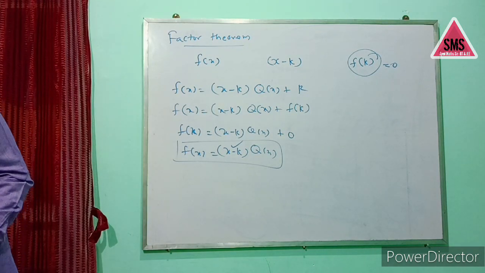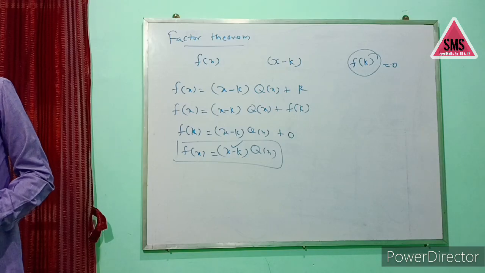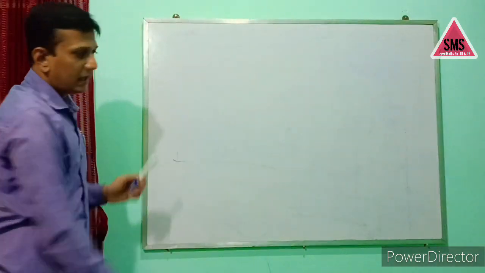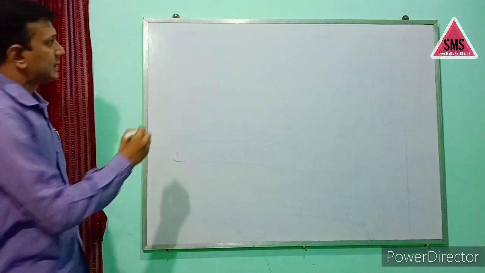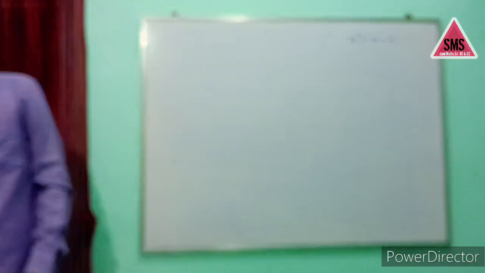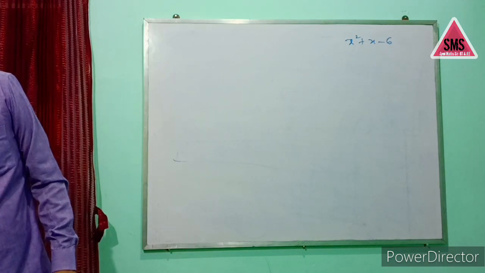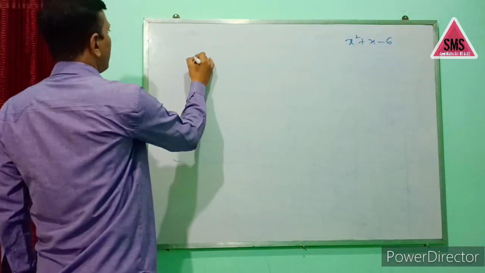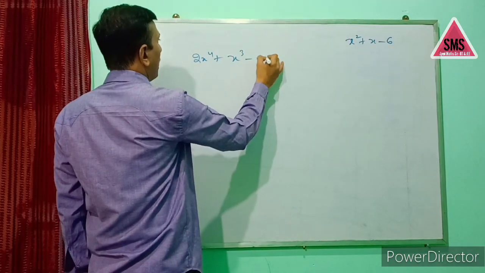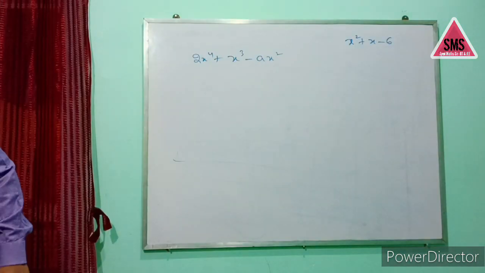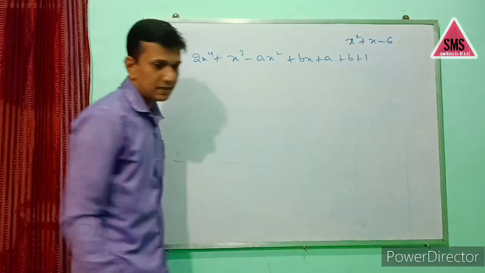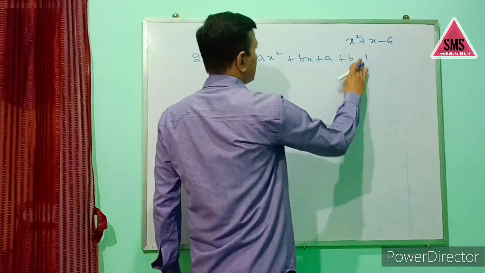They have given that x square plus x minus 6 is a factor of 2x power 4 plus x cube minus ax square plus bx plus a plus b minus 1. You can see this question on the screen.